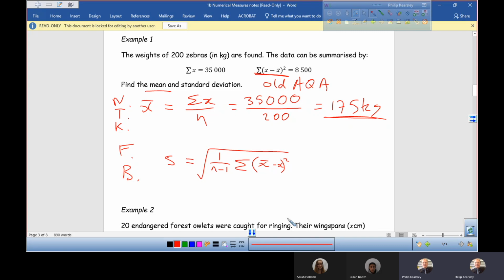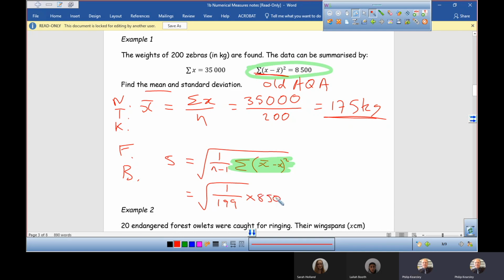Does that make sense? Literally, that whole component gets replaced with that one value. I've seen students try and overcomplicate it. The whole of that sigma gets replaced. What was n? n was 200. 1 less than 200, 199, times by sigma of (x minus x bar) all squared.